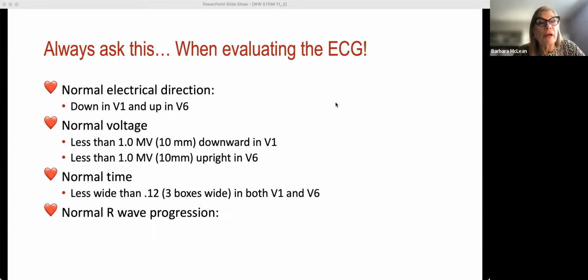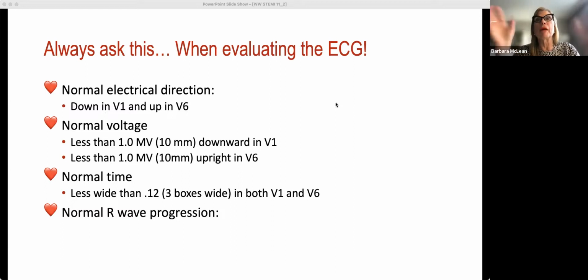The next thing we're going to look at is the voltage of our EKG, of the R wave. Is the R wave taller than 10 boxes? Or is the S wave, which is the downward wave, deeper than 10 boxes? And then, of course, we're going to look at the normal time. The normal time should mean from the beginning of the QRS to the end, less wide than 0.12, which is 3 boxes. And that should be true in both V1 and V6. And then the last thing that we're going to look at is normal R wave progression.